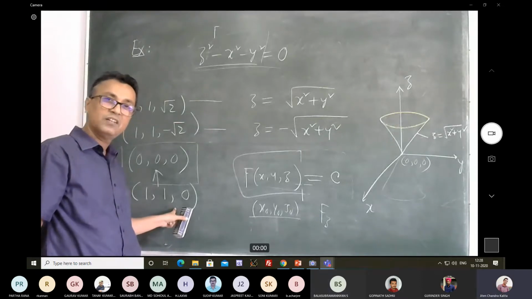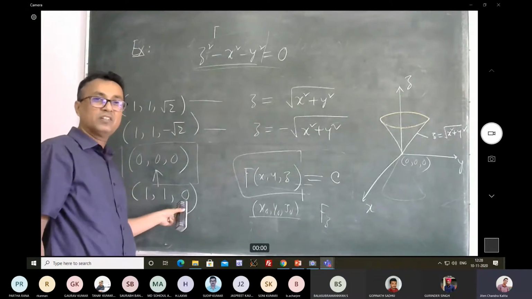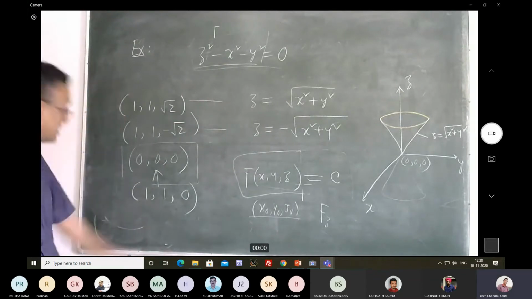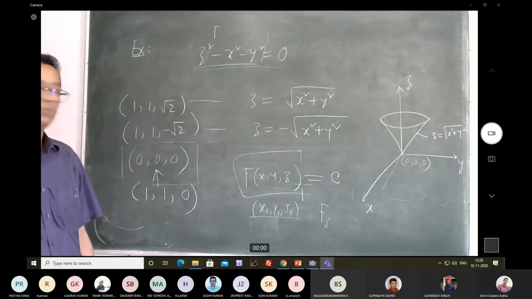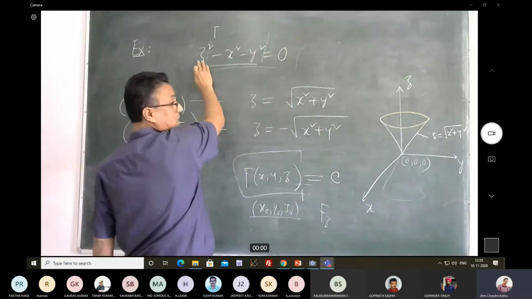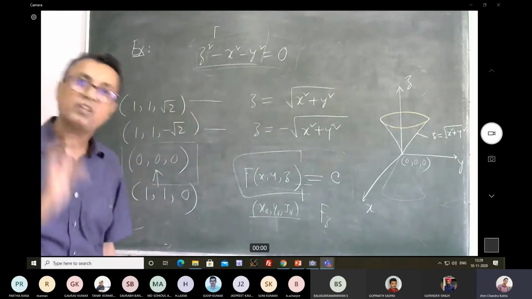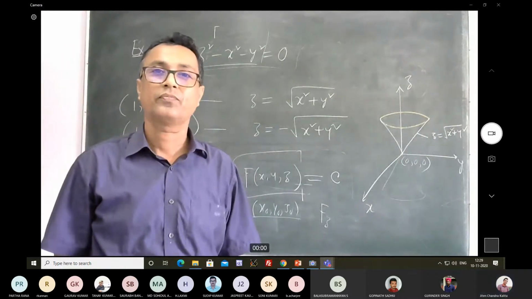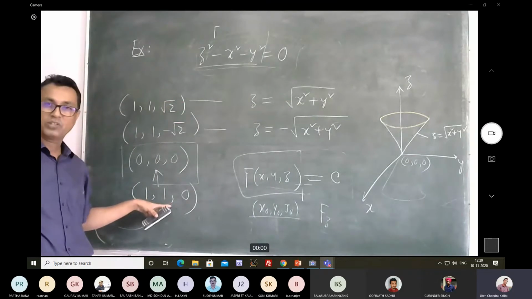Yes, sir. Right? But what about x or y in terms of yz or zx? Can we do that at this point? This was about expressing z in terms of x and y from this expression. Now, if I change this problem to expressing x in terms of y and z, am I going to get that here, in the neighborhood of this point?